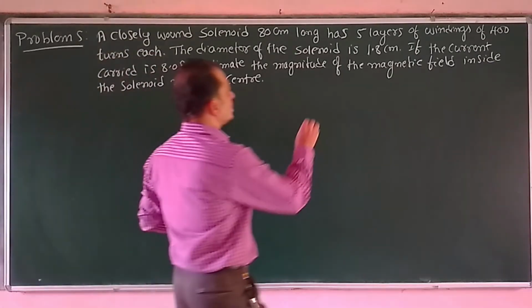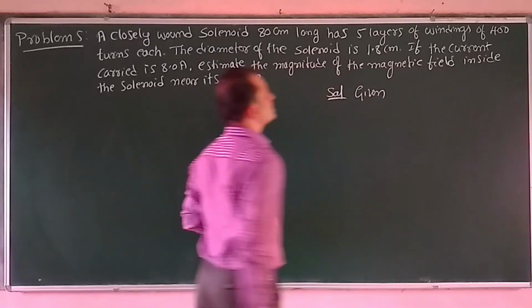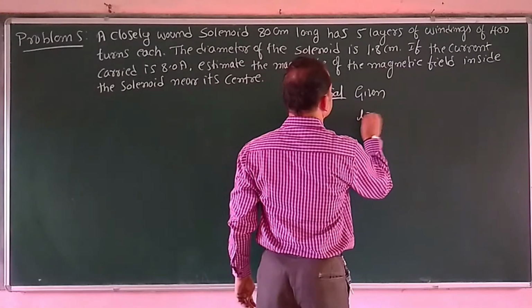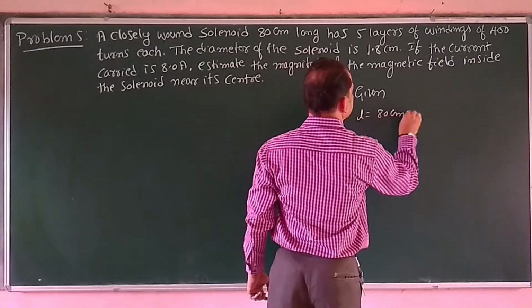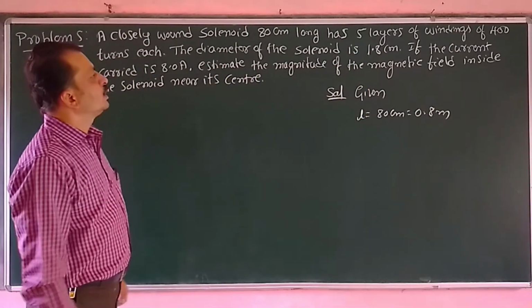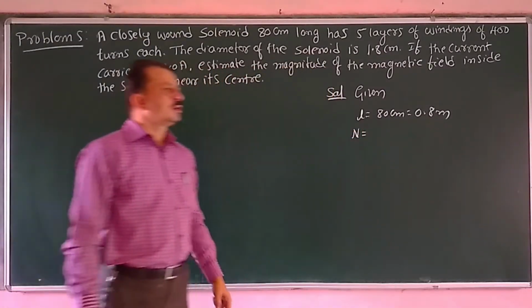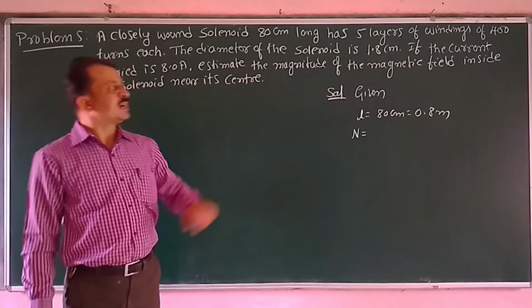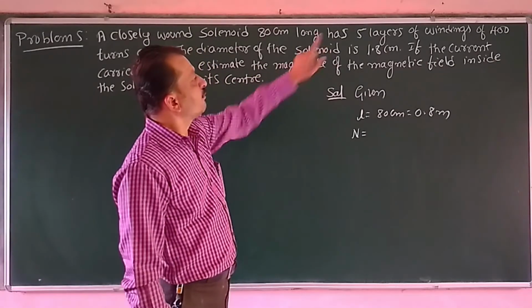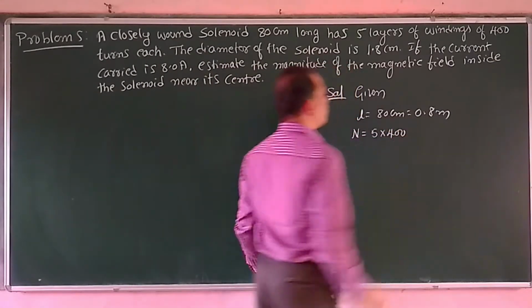Okay. Now solution. What are the given things? List it out. The length of the solenoid is 80 centimeter, that is 0.8 meter. And the total number of turns in the solenoid: each layer is having 400 turns, and we have 5 layers, therefore total number is 5 into 400.